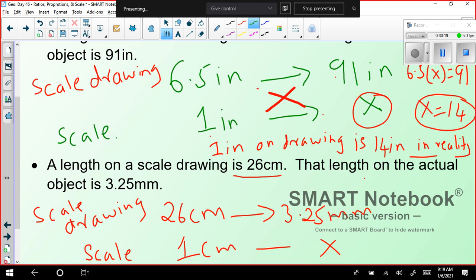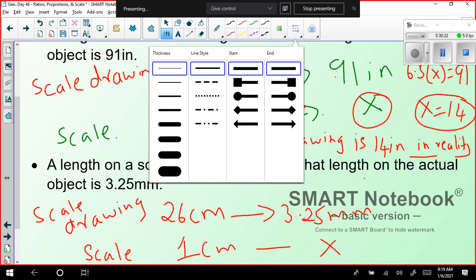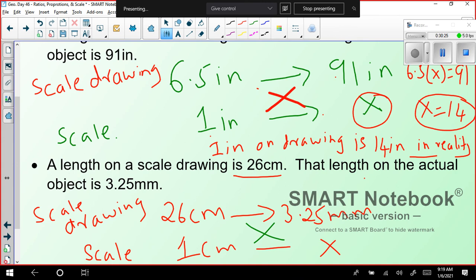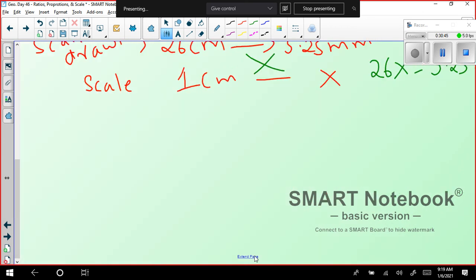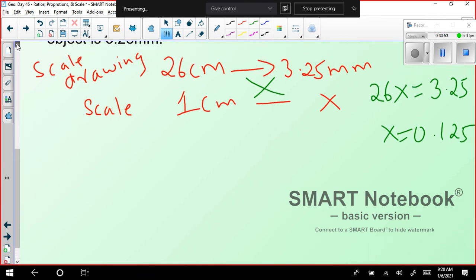Then you cross multiply to get 26x equals 3.25 times 1, which is 3.25, and further divide by 26 on both sides to get x equals 0.125. x will have the same unit as the above one, which is millimeters.